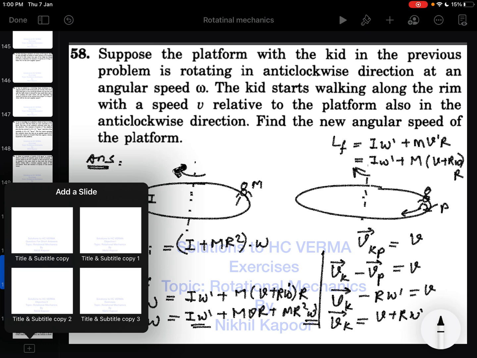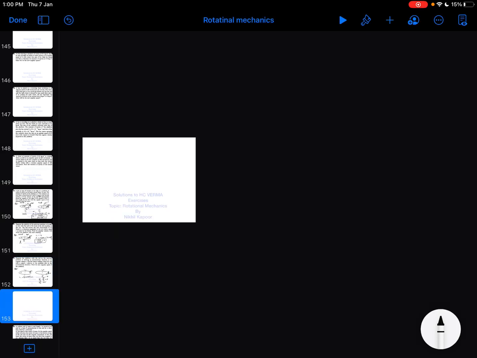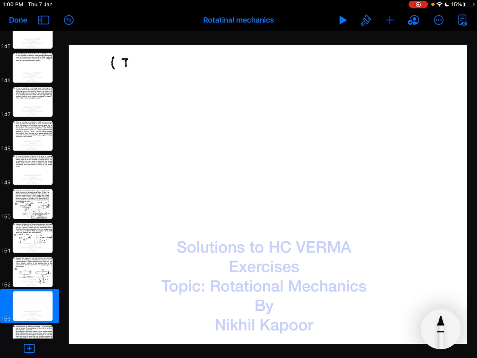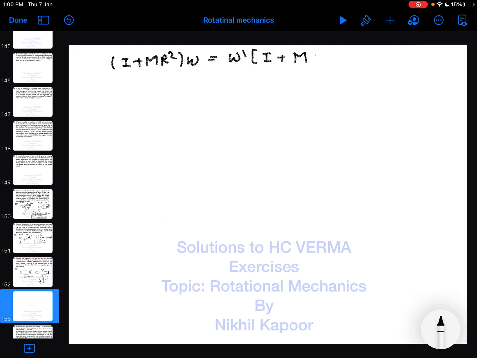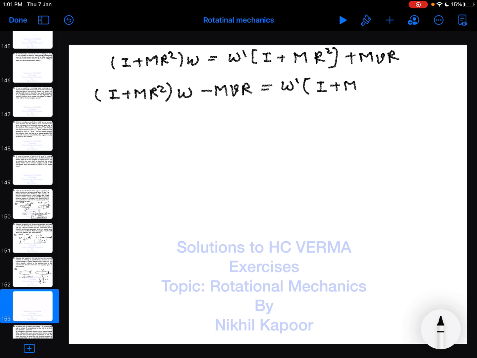So let's take the next slide. So I plus m r square omega will be equal to omega dash I plus m r square plus m v r. I can take omega dash as common, so it will be I plus m r square, and what remains here is m v r. So I plus m r square omega minus m v r is equal to omega dash in bracket I plus m r square.